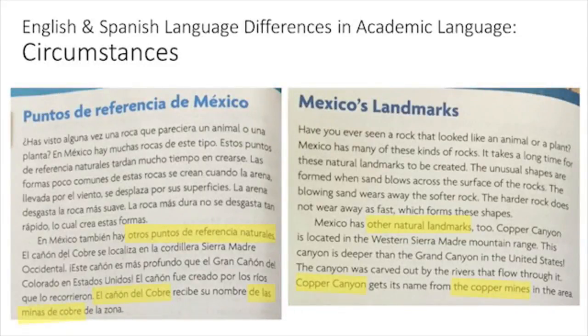So in the very least, it is a task that emergent to advanced bilinguals are called on to engage in more often. And so you can understand how this could really help to bolster their metalinguistic awareness.